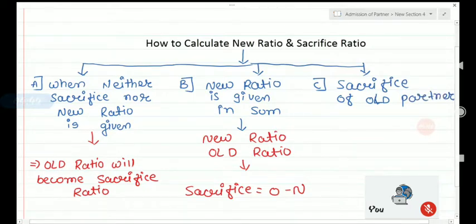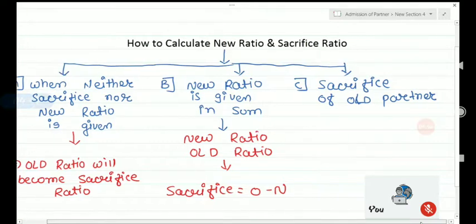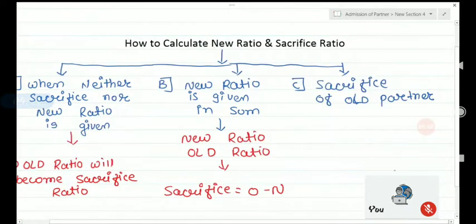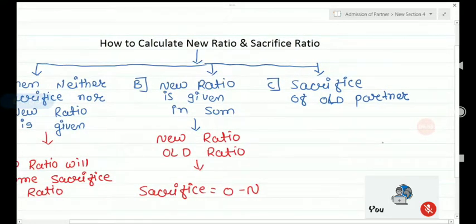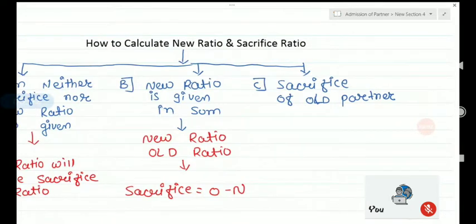And here the problem is that partners are not sacrificing in a clear-cut manner. Means the sacrifice of the partner is not given that clearly. It just provides you some hints. Let's see how it is providing you the hints.